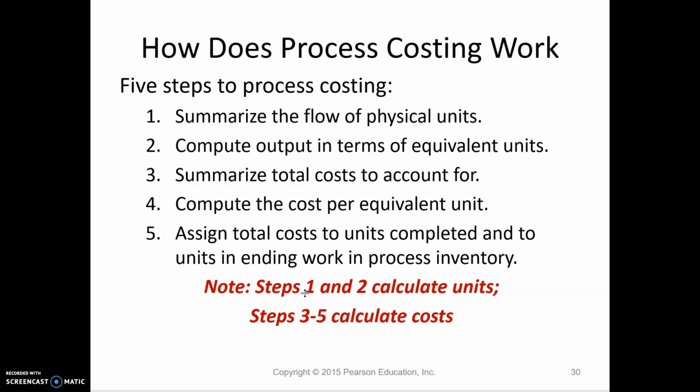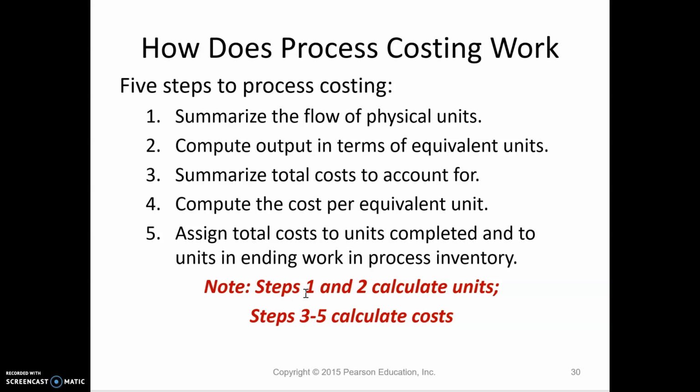So let's look at how process costing works. So we've got 5 steps in process costing, because we're getting our way down to getting the average cost per unit, and then we apply it to the number of units that we've transferred on. So to start off, we have to make sure we have identified the correct number of units for the department, since that's a very important piece.